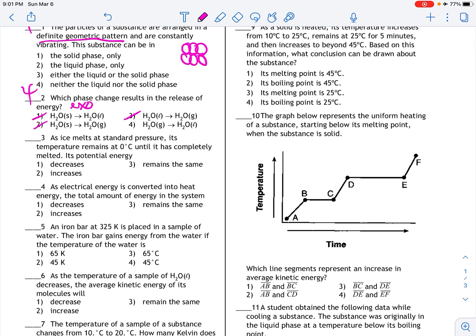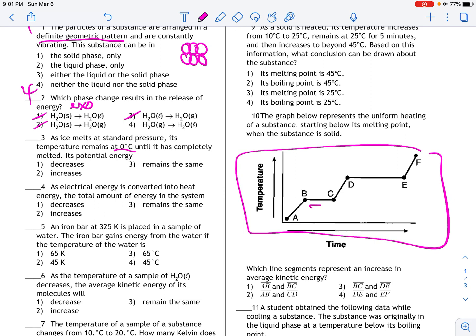As ice melts at standard pressure, its temperature remains 0 degrees Celsius until it has completely melted. What occurs with potential energy? So if we take a look over here, we have this phase change diagram. So 0 degrees Celsius, ice melting, that would be B to C. So it is completely melting.